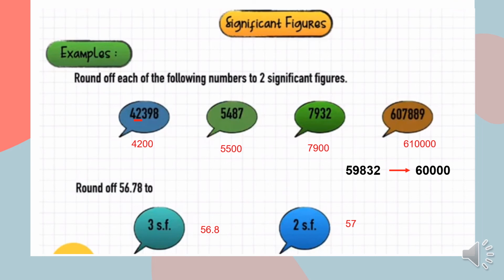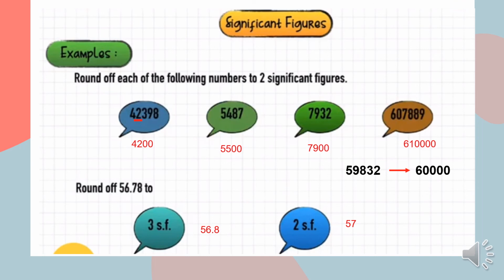But at the end of it, the question will ask you to leave your answer in 3 significant figures. Normally when you were in Form 1 or maybe in primary school, the question would only ask you to leave your answer in 2 decimal places or 3 decimal places. But now that you have grown up, they sometimes use significant figures, so you have to know what significant figures mean.